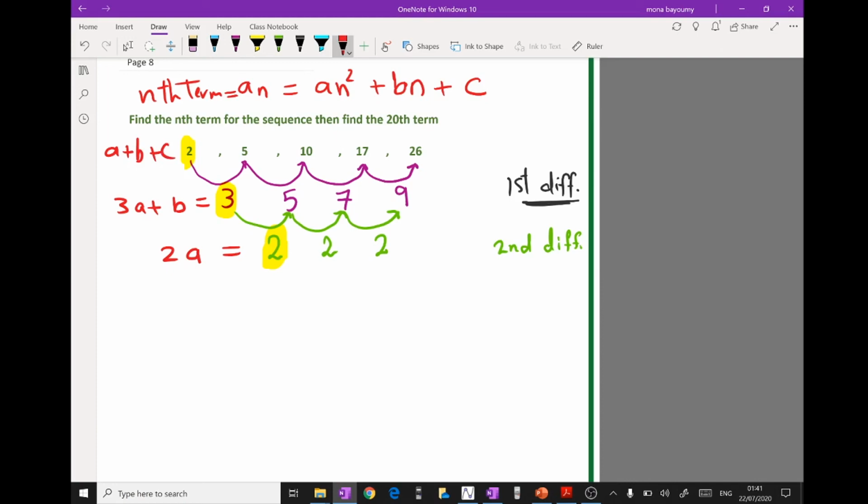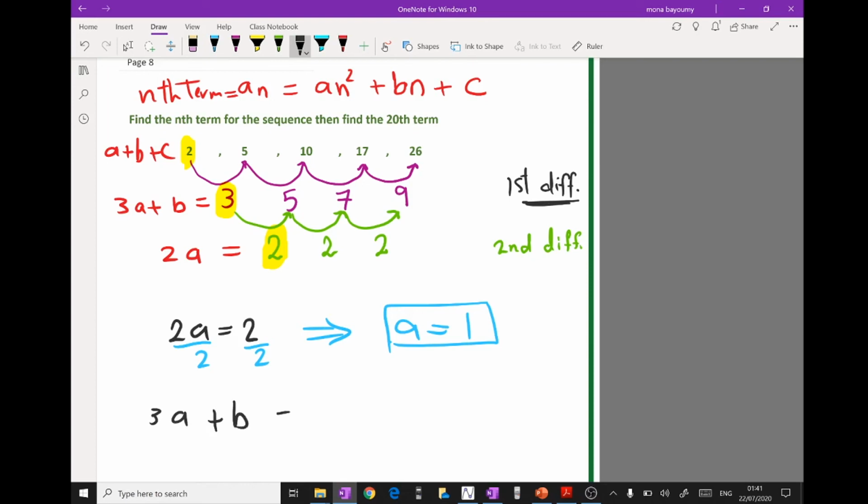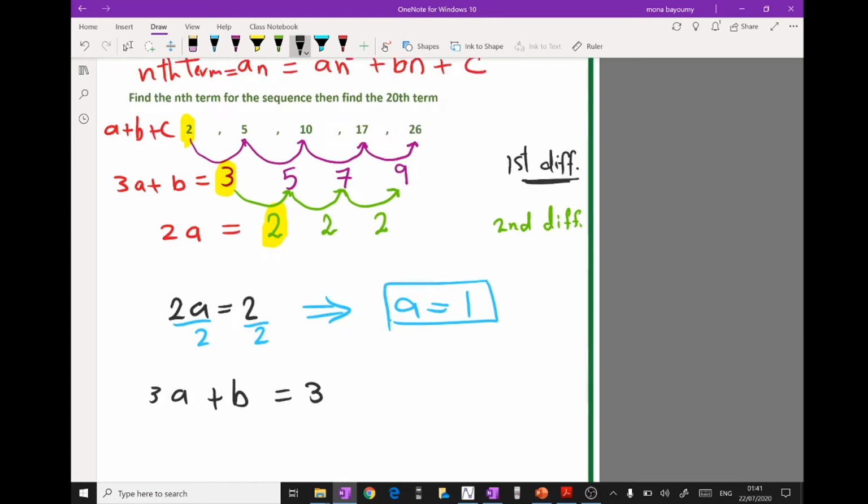Now solve the three equations. Always you have to start from the first one. 2a equals 2. I will divide both sides by 2 to find the value of a. 2 divided by 2 is 1. Now the second equation, 3a plus b equals 3.